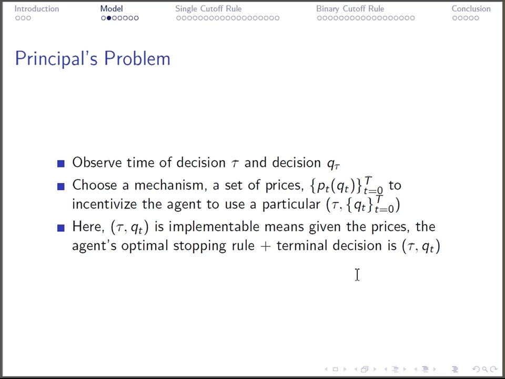And then the principal here observes the time of the decision, which is the stopping time, and the actual decision at the stopping time, not the other decisions. And the principal chooses a mechanism or a set of prices to incentivize the agent to use a particular stopping rule decision pair. And here we call this thing implementable, means given the prices, the agent's optimal stopping rule plus terminal decision is this thing.